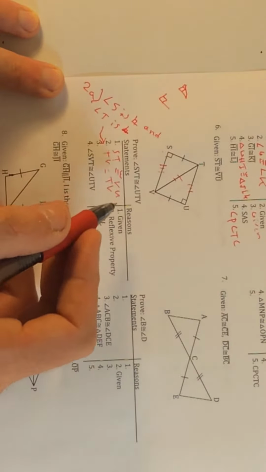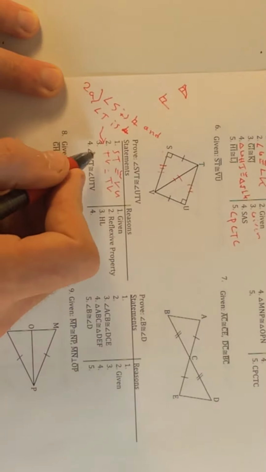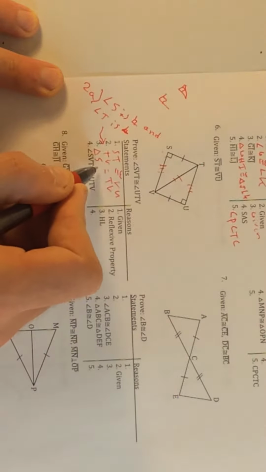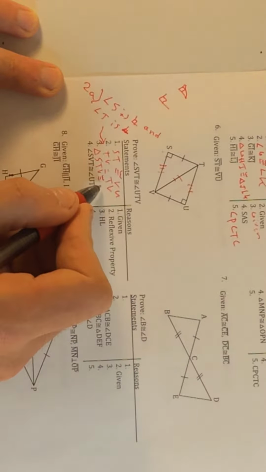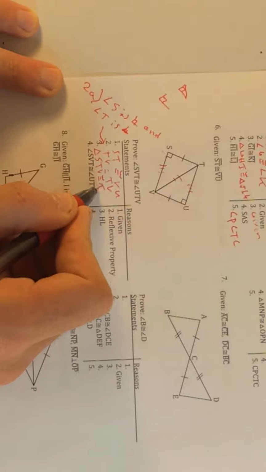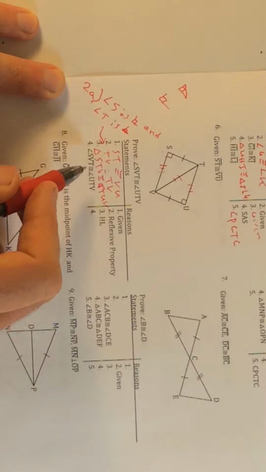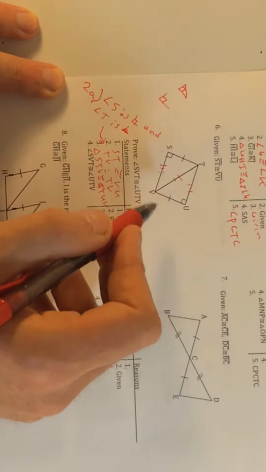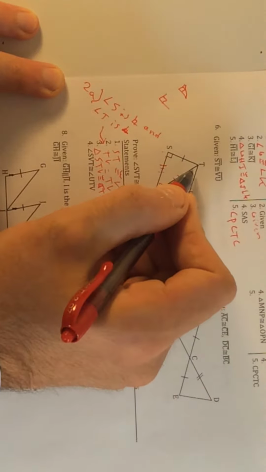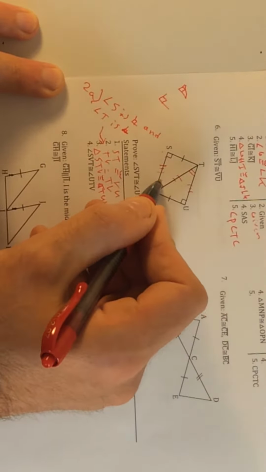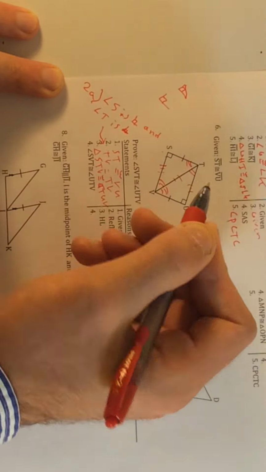So right now we proved by HL, or side by right triangles, that triangle STV is congruent to our other triangle, triangle TUV, and therefore, if these two triangles are congruent, that means all the corresponding angles are congruent. So we know this angle is congruent to this one. This angle is congruent to this one.